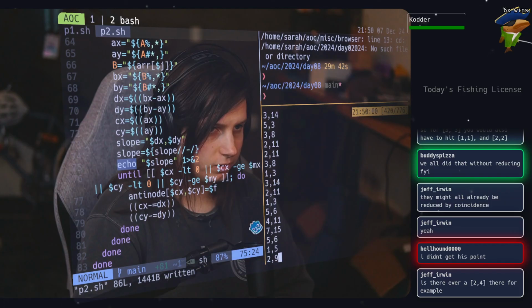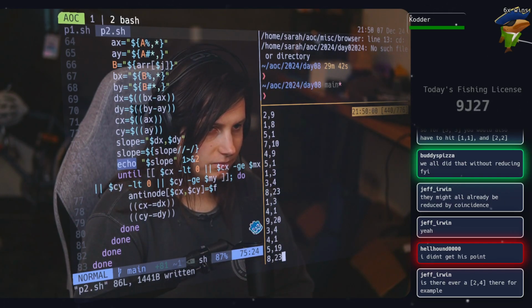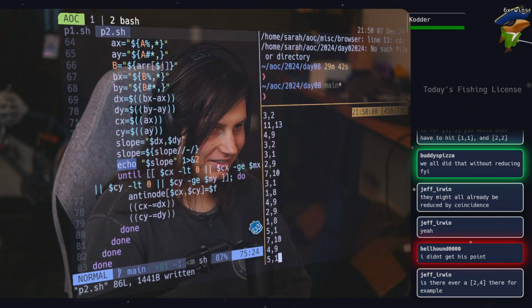I don't think any of them reduce. That's suspicious. That's definitely by design.